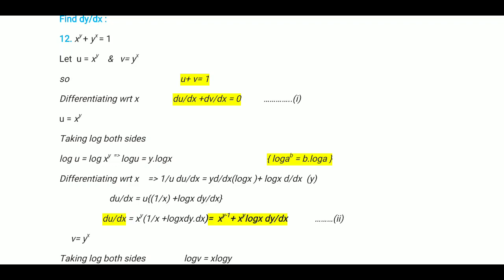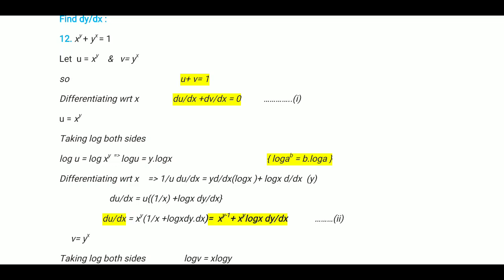And now here y into log x is in product form. So differentiation is accordingly y into d upon dx of log x plus log x into d upon dx of y.